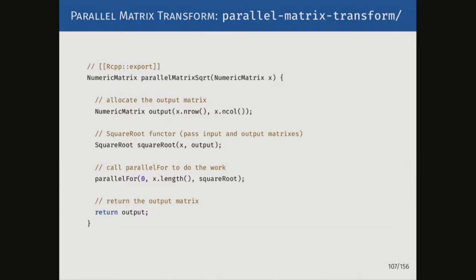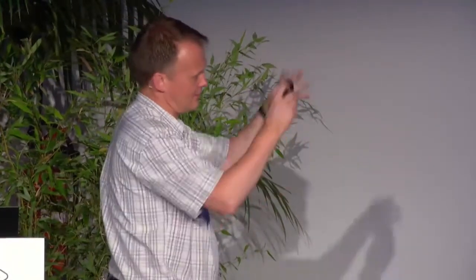We initialize that worker thing that you saw on the previous slide with the input matrix X and the output matrix, and all we then do is say, dear library, please run this in a parallel for loop for the outer extent 0 to length, and then TBB figures out how many chunks to have, given your machine and your memory layout and how big the matrix is, and just do the work defined in the square root worker from 0 to length. Then it splits, and does from here to half, and the half again, maybe in half, or however it does that.